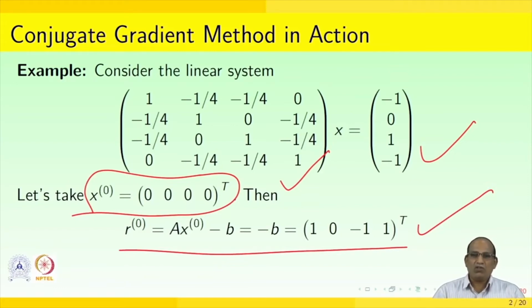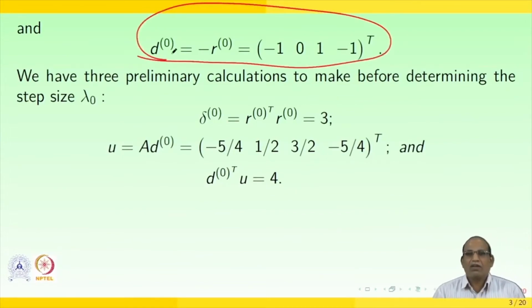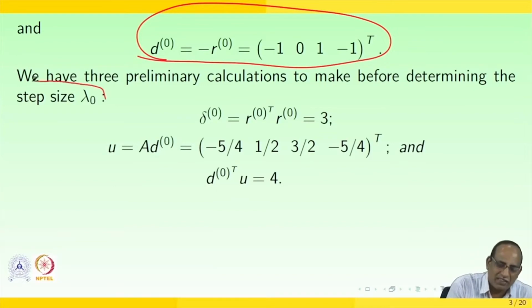And D of 0 is equivalent to minus R of 0, that is minus 1 0 1 minus 1 transpose. We have three preliminary calculations to make before determining the step size lambda.